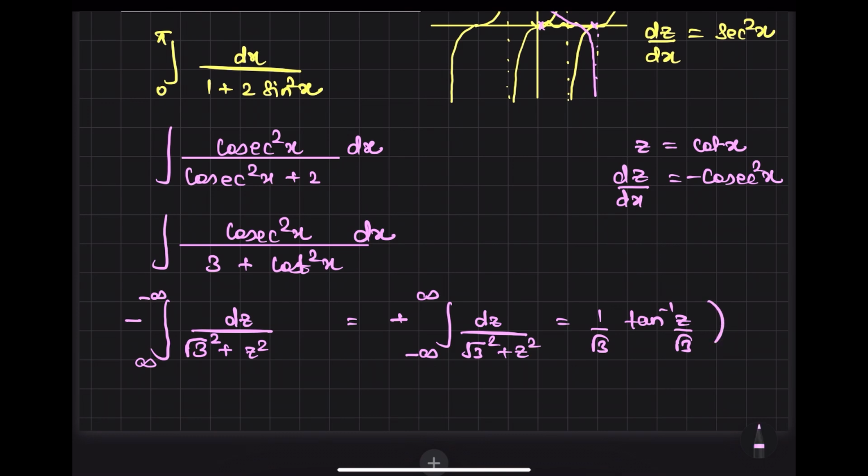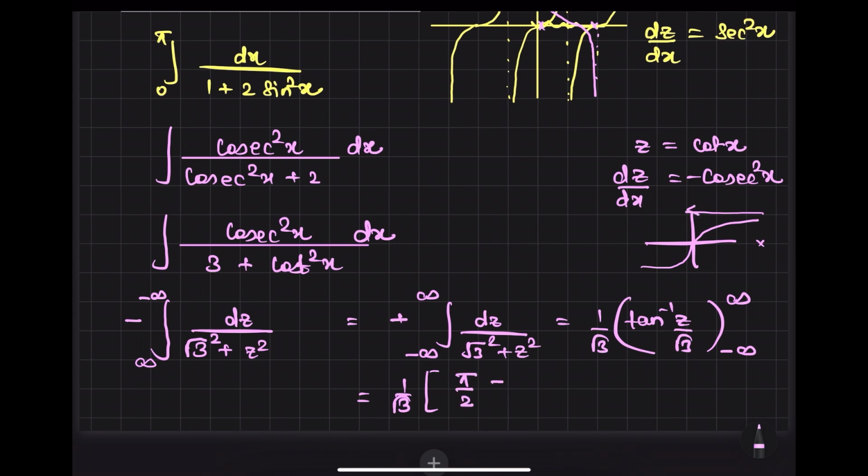So now let's substitute the upper limit and the lower limit. Correct? So we will be left with what? 1 by root 3, and then if you put the upper limit infinity, what is tan inverse infinity? Do you know the graph of tan inverse? It was like this. So at infinity it is pi by 2, right?